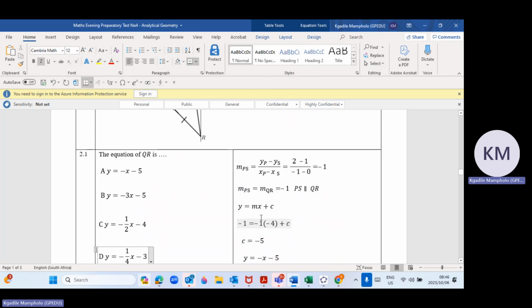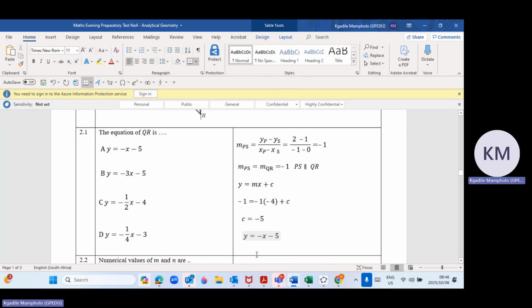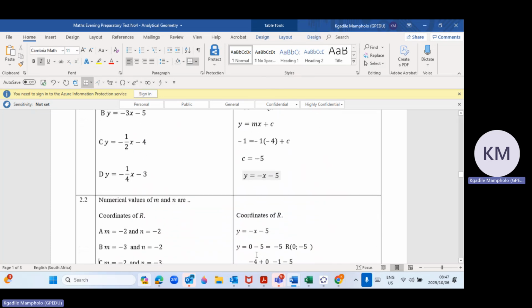Then you substitute -1 for the gradient. From Q, x is -4 and y is -1. Where there's x, you put -4, and where there's y, you put -1. Then you get c. Then the equation of QR is y = -x - 5.